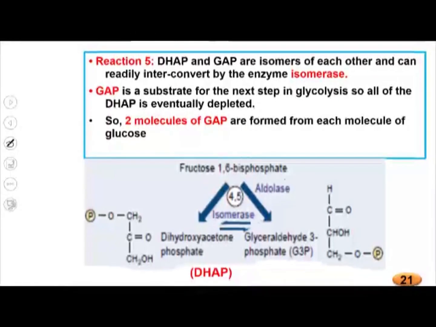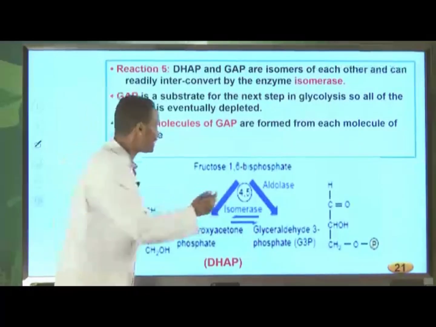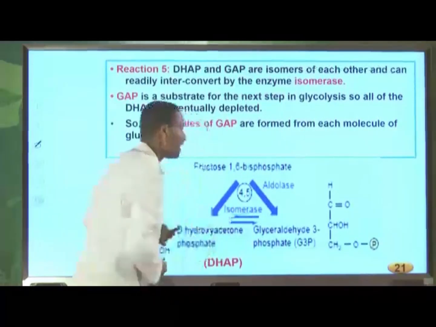Therefore, in reaction 5, the dihydroxyacetone phosphate is isomerized into glyceraldehyde 3-phosphate, and the reaction is catalyzed by the enzyme isomerase.